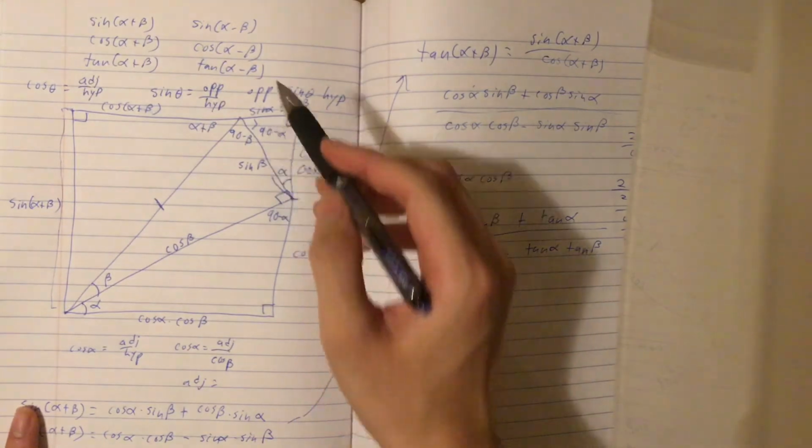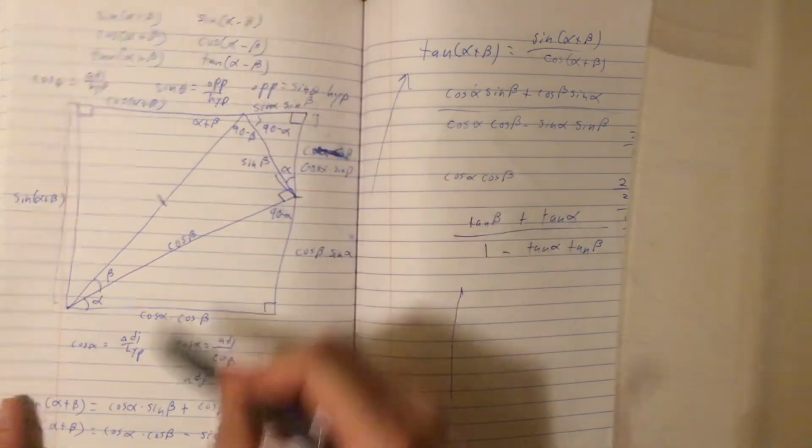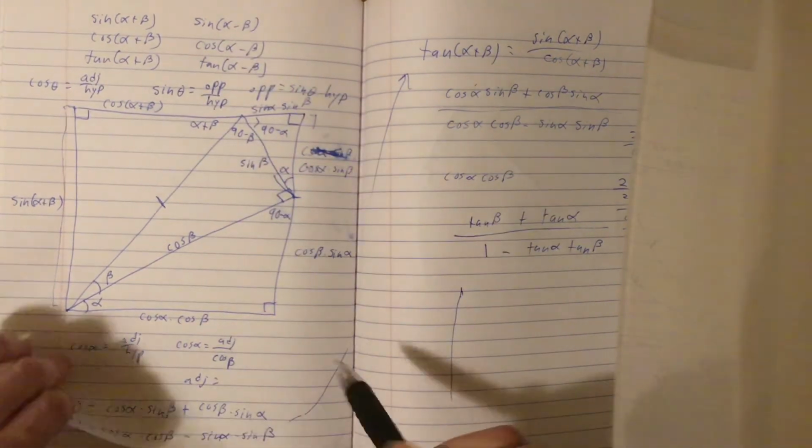Now we're going to derive the subtraction identities. Keep these formulas in mind. I'm going to write it down for you.